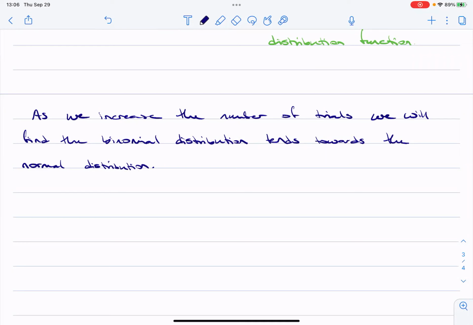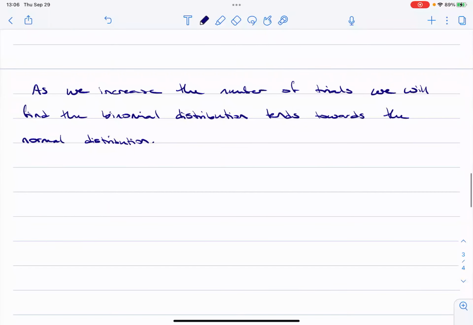This is especially true if P is close to 0.5, then it doesn't take very long for things to approach the normal distribution.